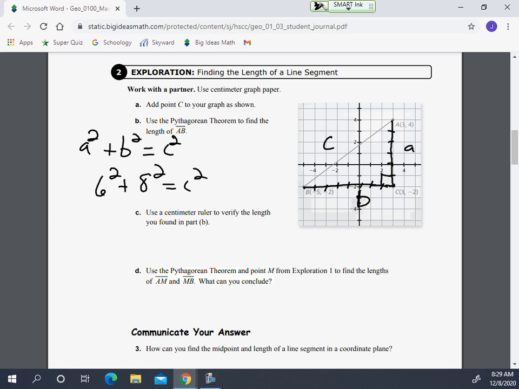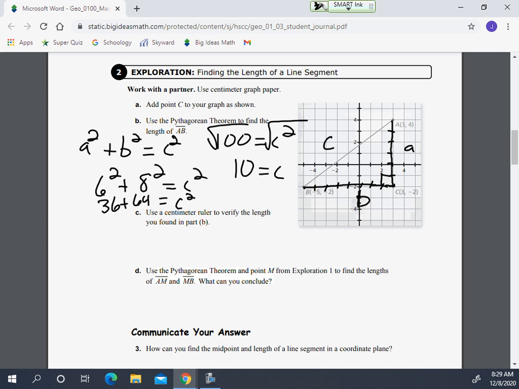Do a little math, we get 36 plus 64, which is 100. So 100 is equal to C squared, the square root of C squared, and the square root of 100, 10 is equal to C. So our distance from A to B is 10.